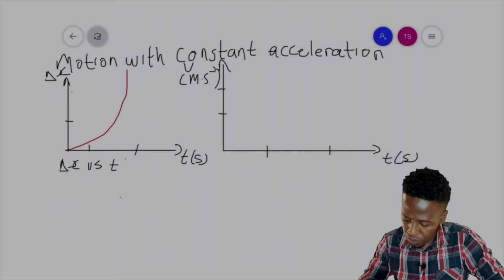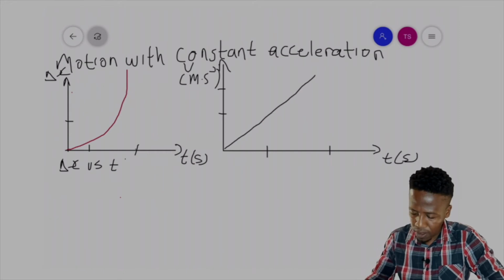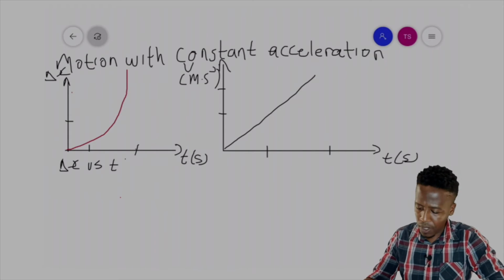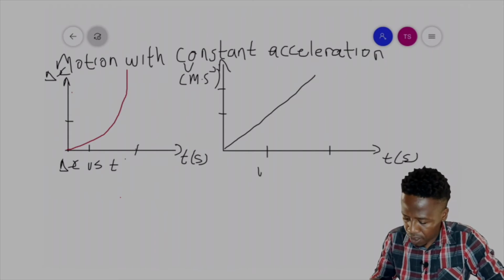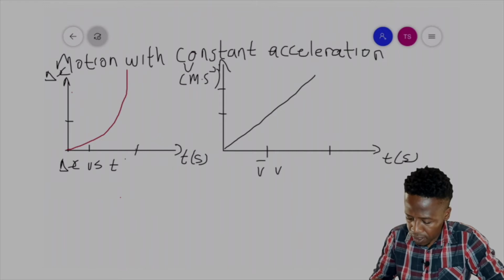And this would be our velocity versus time graph. This is the velocity versus time, right?